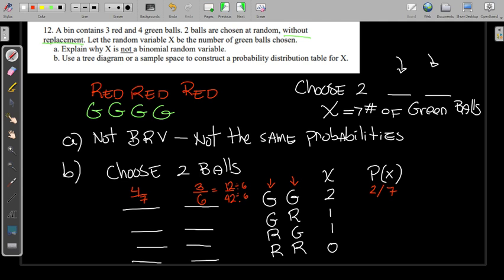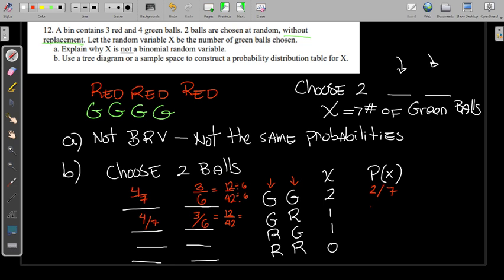Okay, let's do the next one. What is the probability that the first one is green and the second is red? We'll start all over again because this is another situation. Green is 4 over 7. And the next one is a red. You still have the 3, so that will be 3 over 6 this time. That will be 12 over 42, which is the same as before.